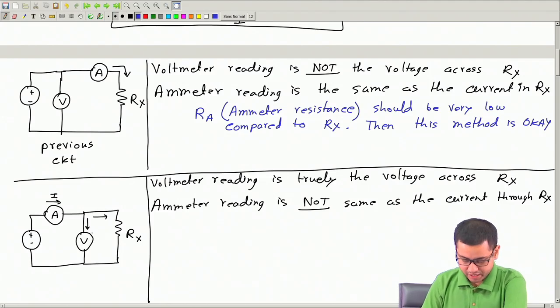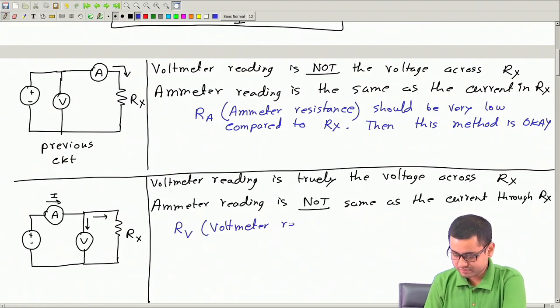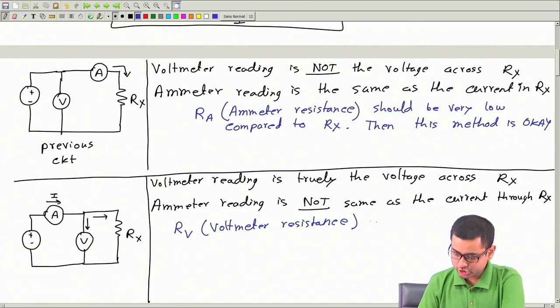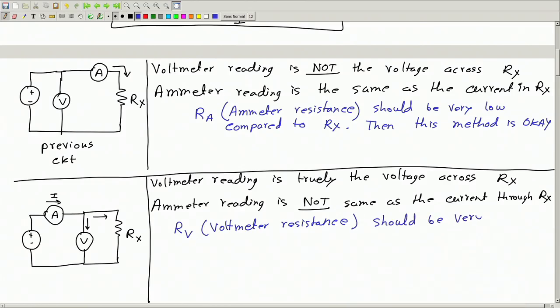Similarly, if I have a near perfect or ideal voltmeter in this circuit, what we have is the resistance of a voltmeter, call it Rv. So this is the voltmeter resistance, and this should be very high.